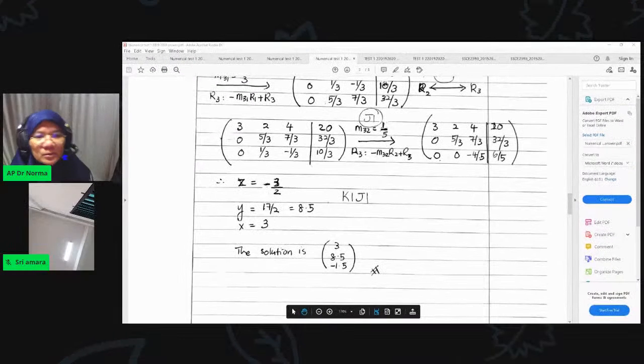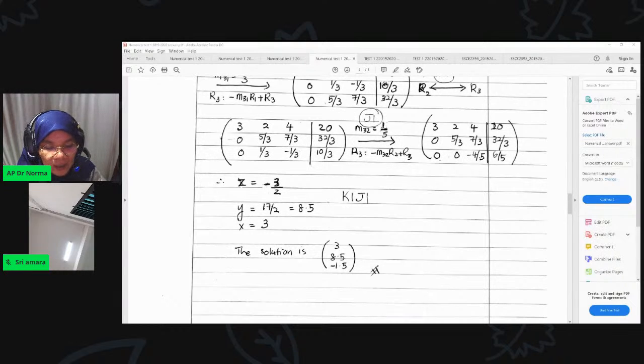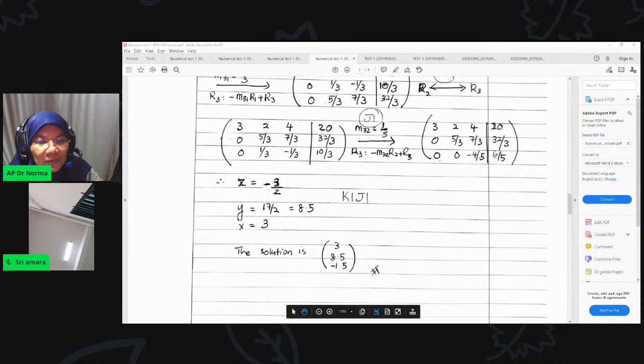My question here: how many elements of A do you need to calculate to get the solution of the linear system of equations?